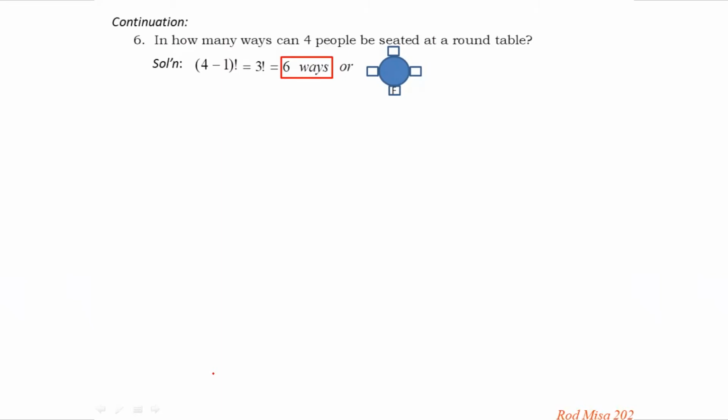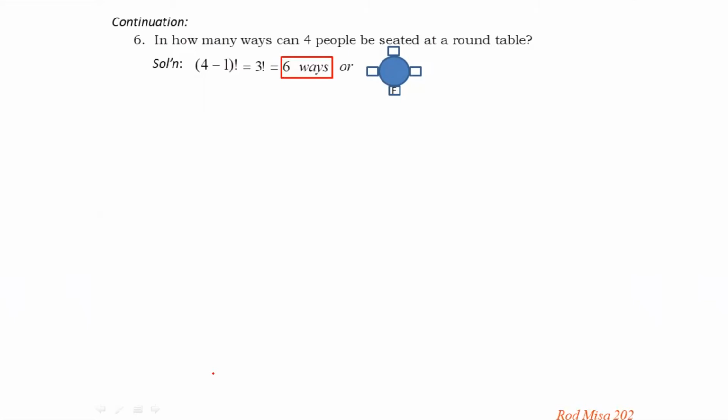Because this is a different arrangement from the linear arrangement that we discussed, since we know who is the first person. So here I will be using one of the 4 people to be a fixed person, and then I will rearrange the remaining 3 in the 3 chairs.